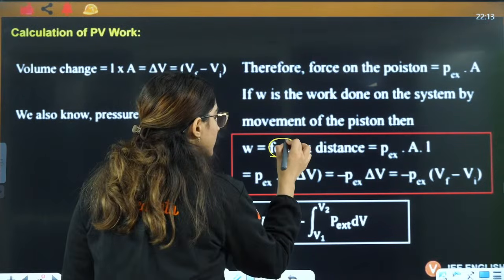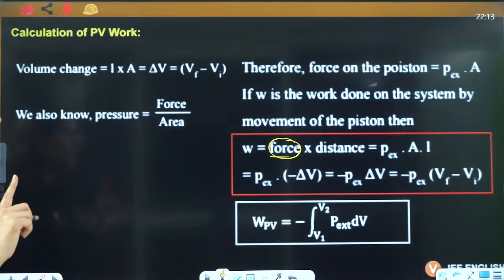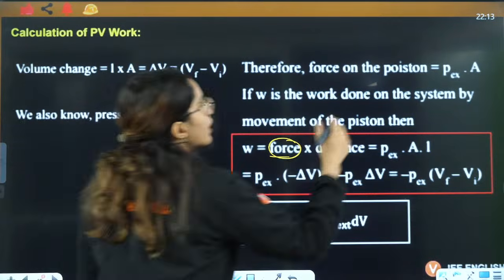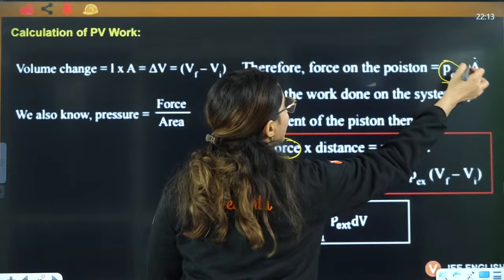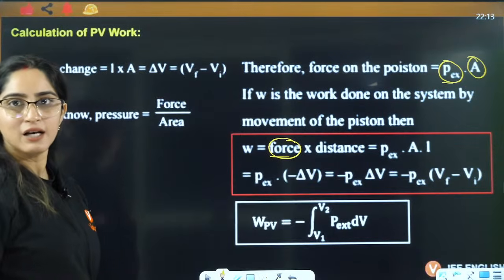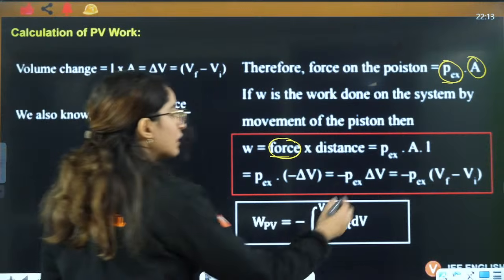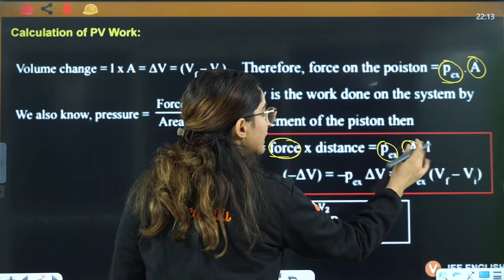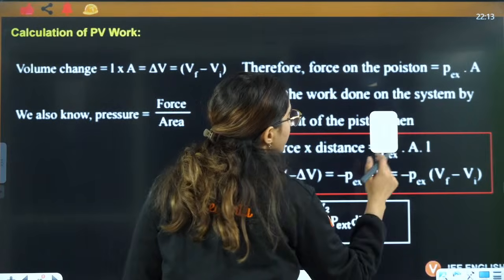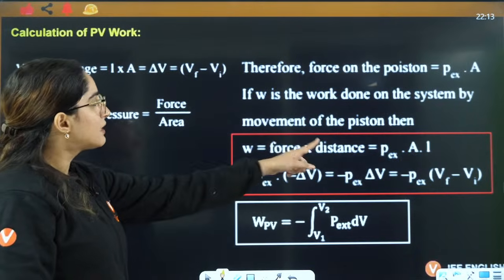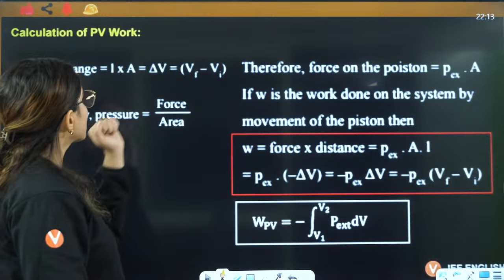Force is what? Force we have seen. Force is equal to P external into area, right? That is the force here. So writing P external into area, that is the force here, pressure into area, right? Distance is, what is the distance?